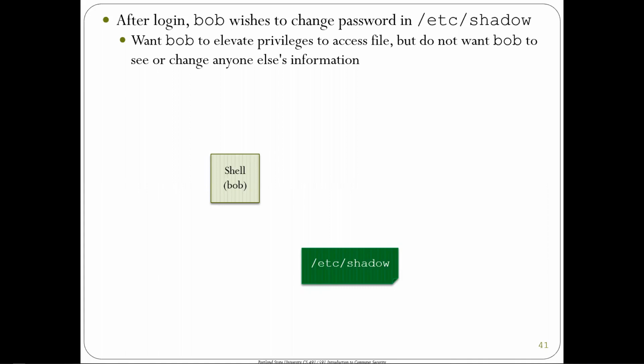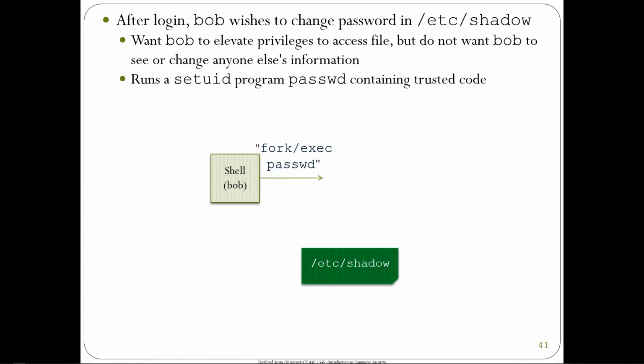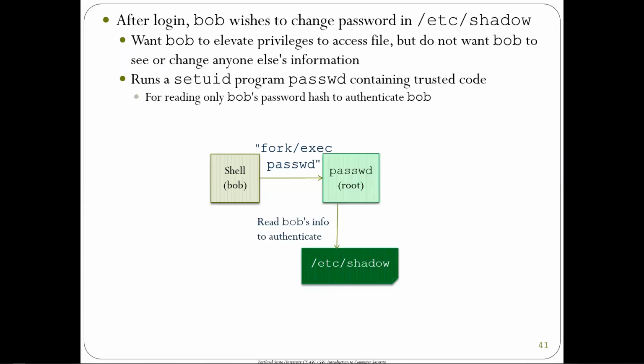So you have to mediate Bob's access as root using the passwd command. And so the passwd command is a setuid binary. So it forks and execs passwd containing trusted code. So passwd is now trusted. And this trusted code is going to read Bob's password hash to authenticate Bob.